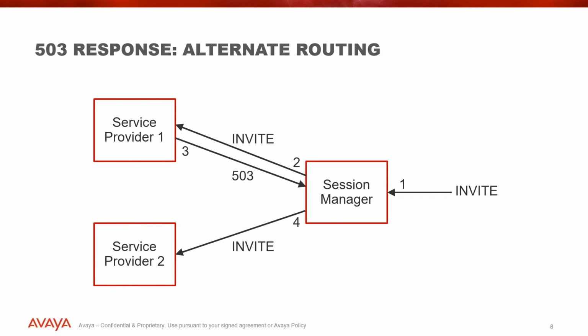You've got an invite coming into Session Manager, and Session Manager does the routing calculation, sends it to Service Provider 1. Service Provider 1 returns a 503 response. 503 is one of those responses that causes alternate routing. Session Manager looks at the second routing policy and routes the invite to Service Provider 2. It's an example of alternate routing.